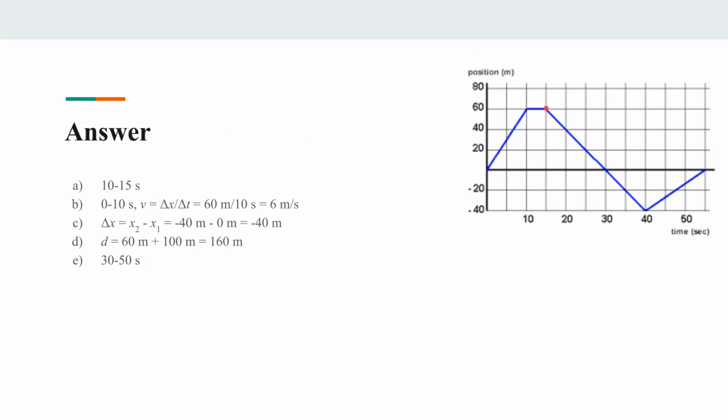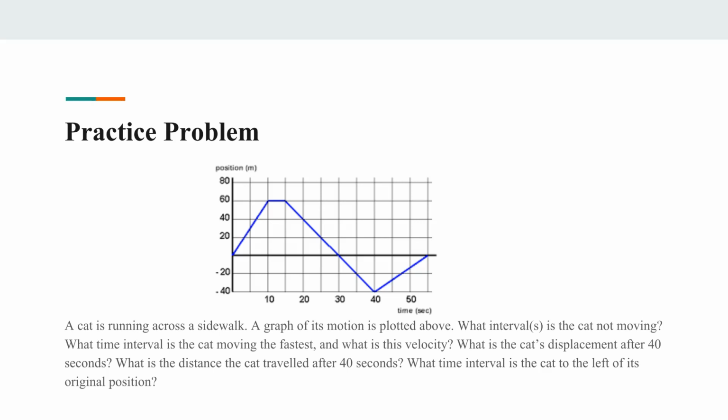However, from 15 seconds to 40 seconds, it will go down 100 meters: 20, 40, 60, 80, and 100. If you add all that up, that will equal a total distance of 160 meters. So this is drastically different than displacement. It shows they're completely different concepts.